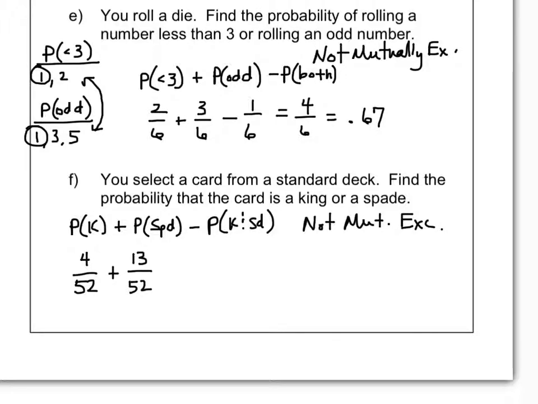As you look at this, the 4 out of 52 has the king of spades in that group, and the 13 out of 52 has the king of spades in that group as well. I can't count it twice, so I have to take that extra king of spades and subtract it out. So now 4 and 13 is 17, minus 1 is 16 out of 52. If I make that a decimal, that's 0.31.